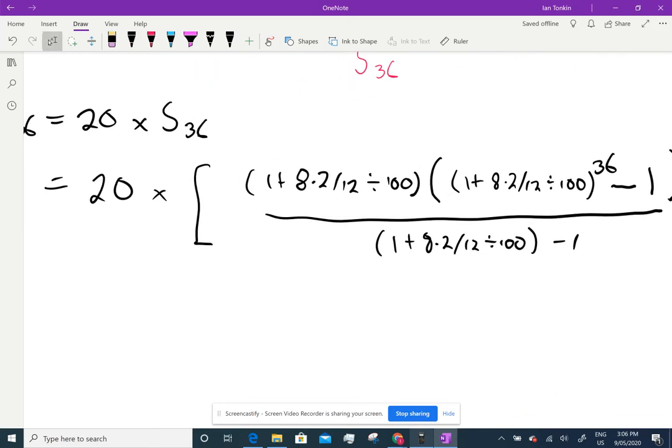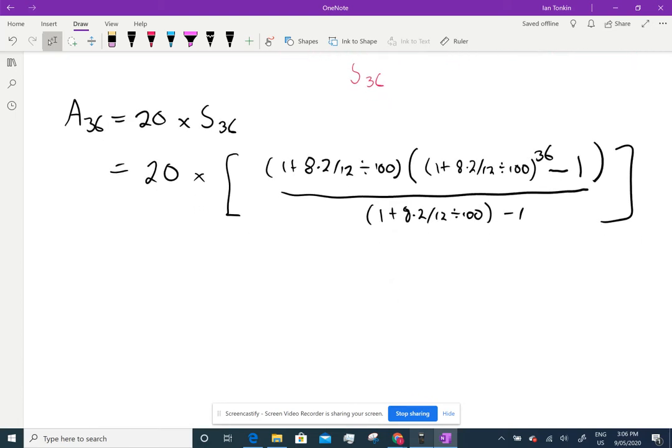Now remember, I could have rounded and used 1.083, but I wouldn't have got the exact answer, or I'd get rounding error.